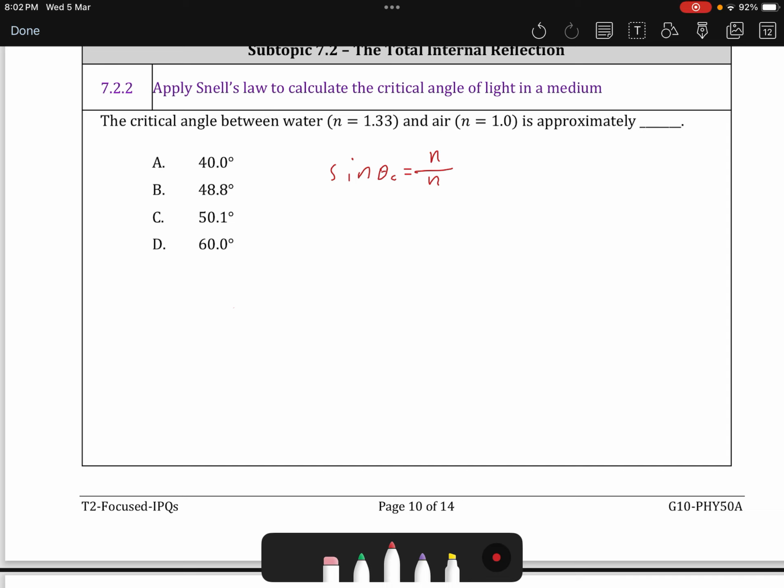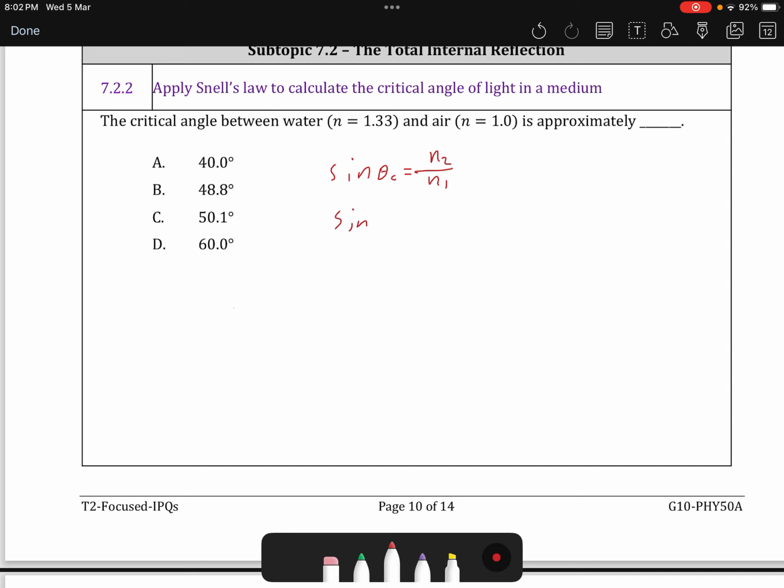We need to understand that sine theta is always less than 1. Whatever the angle is, the sine of the angle is always less than 1. So the denominator will have the smaller index of refraction. That is the mathematics talking. But for physics, we say n2 over n1.